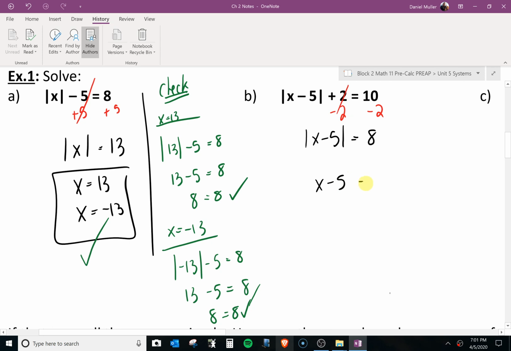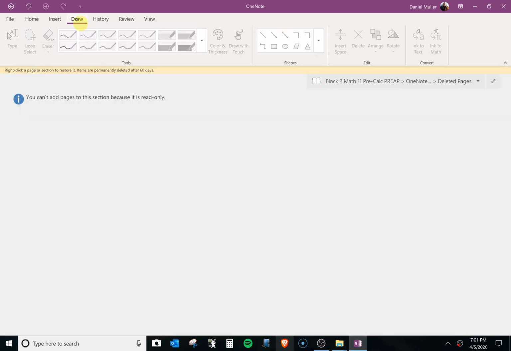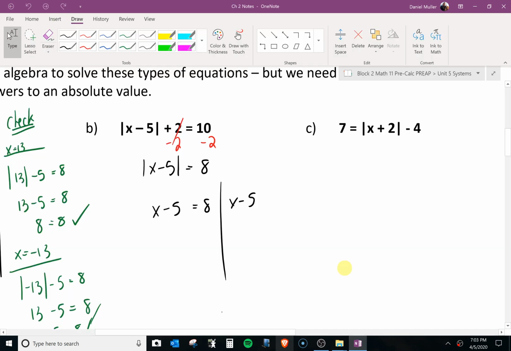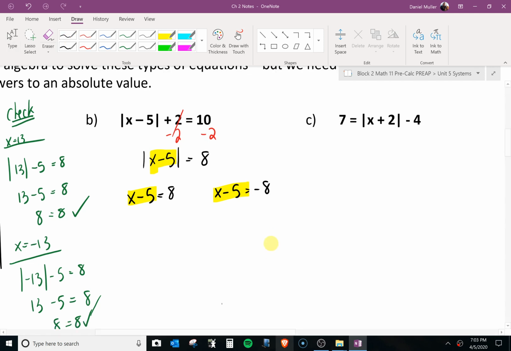I'm okay if this inside, the x minus 5, was equal to 8, and I'm also okay if that was equal to -8. If that inside was 8, or if that inside was -8, both of those would be okay because the absolute value of 8 or -8 would be 8.